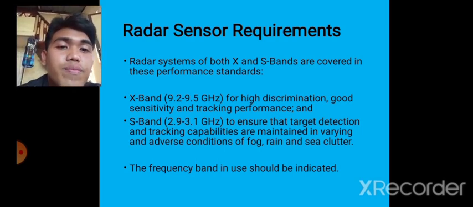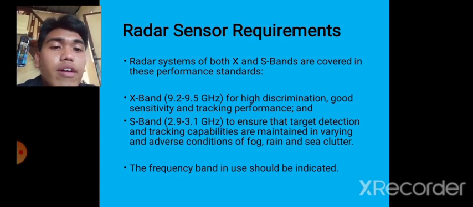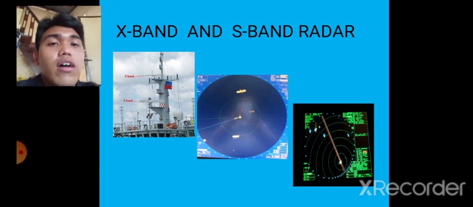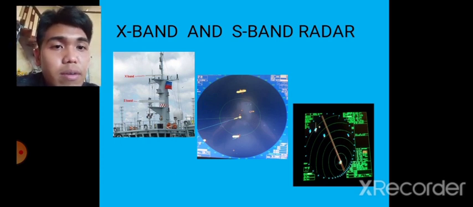So the S band is for ensuring that target detection and tracking capabilities are maintained in varying and adverse conditions of fog or any kind of clutter. The frequency band in use should be indicated. Yeah, it's very understandable. Next, these are the photos of X band and S band.